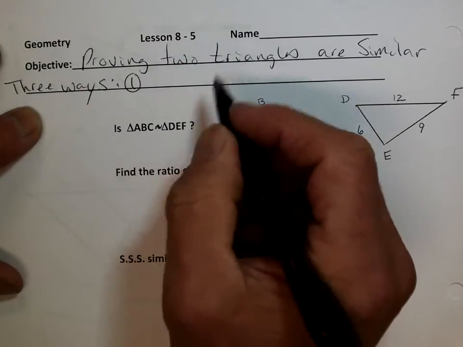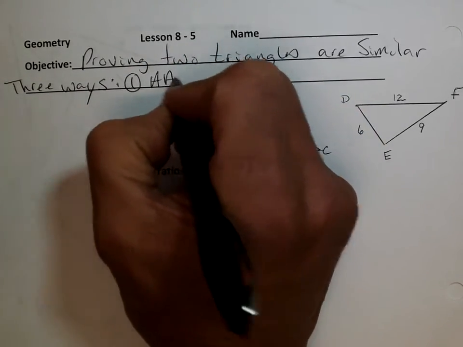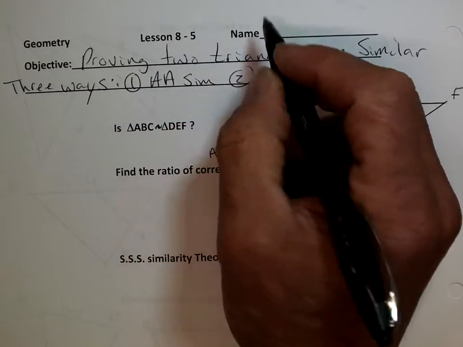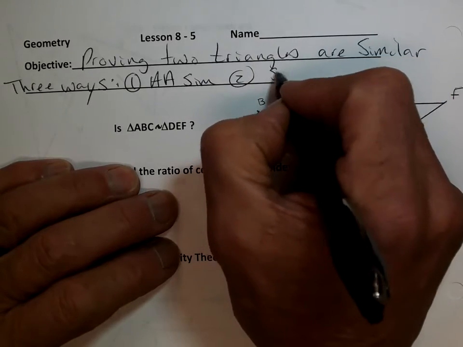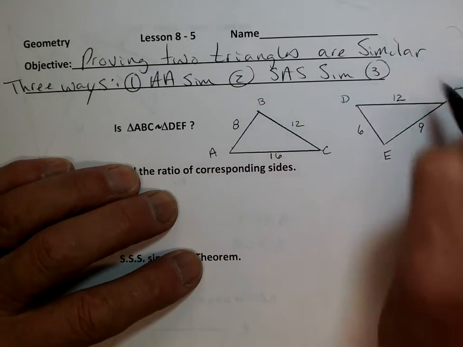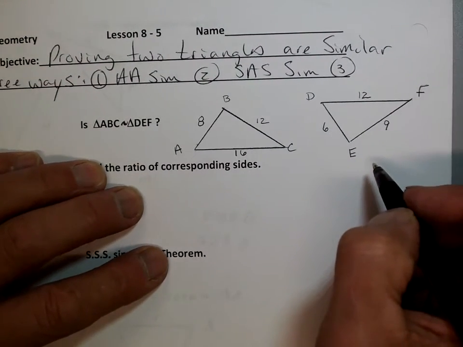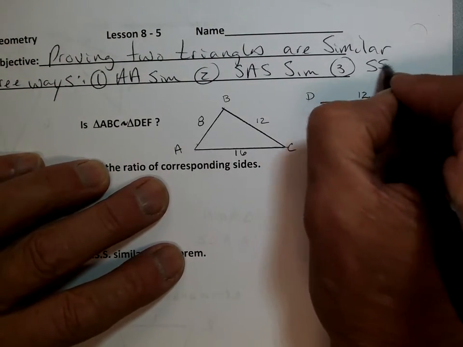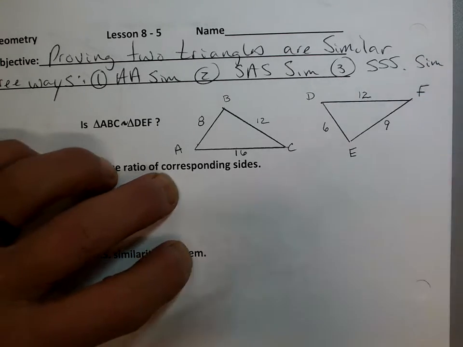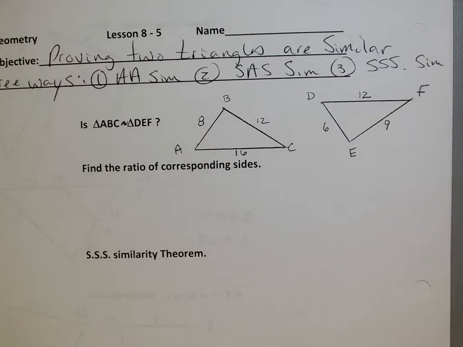One way is by angle, angle similarity. What would you say the second way is? Side, angle, side similarity. And what's our third way? Side, side, side similarity. Those are the only three ways we can prove that two triangles are similar. Same shape, different sides. Okay, thumbs up.